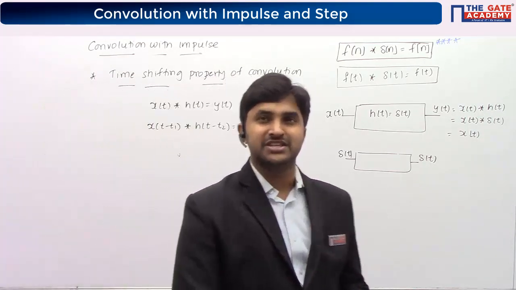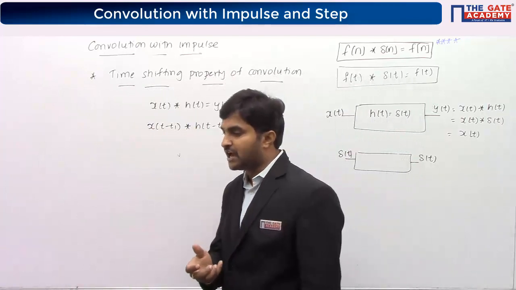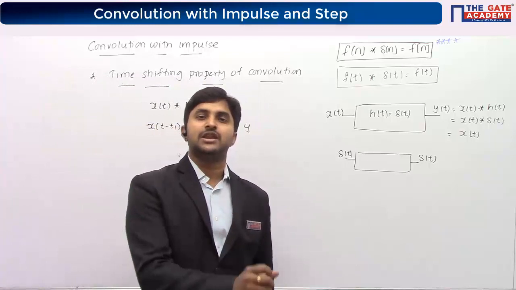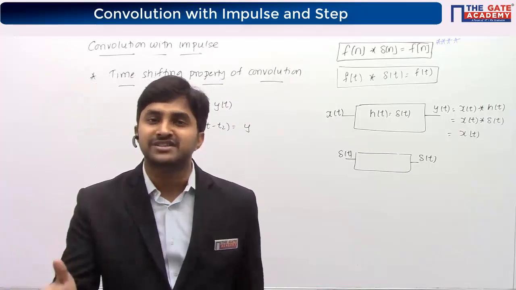See, why are we using these properties? Because properties are going to make things simple for us. If you are not using properties, then you have to do the same process again and again.